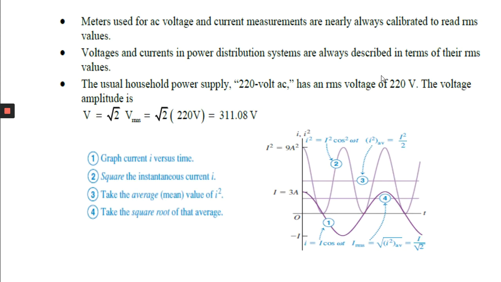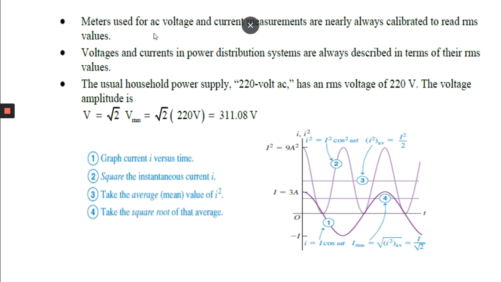Now some important points for you. Meters used for AC voltage and current measurements are nearly always calibrated to read RMS values. Generally, when you are measuring AC voltage, not DC, because in many cases you are using voltmeters and ammeters for measuring DC. When DC, these are the direct values.